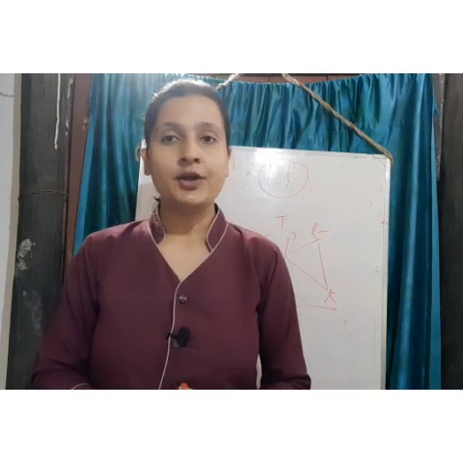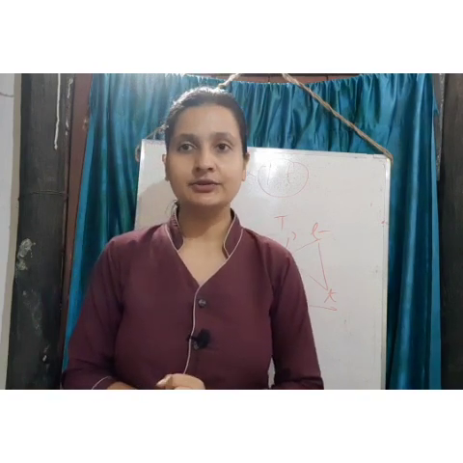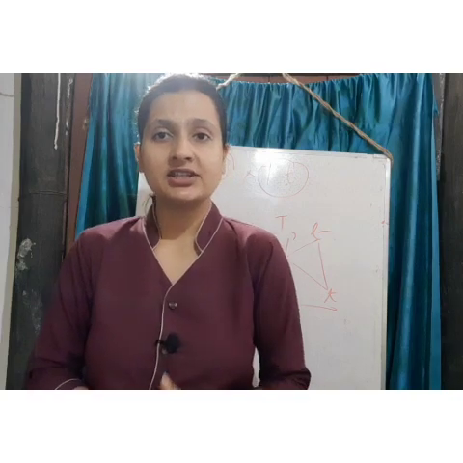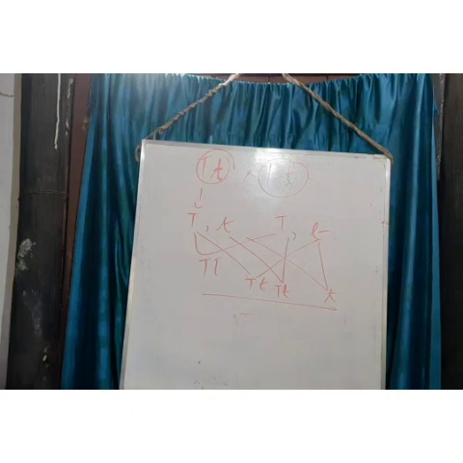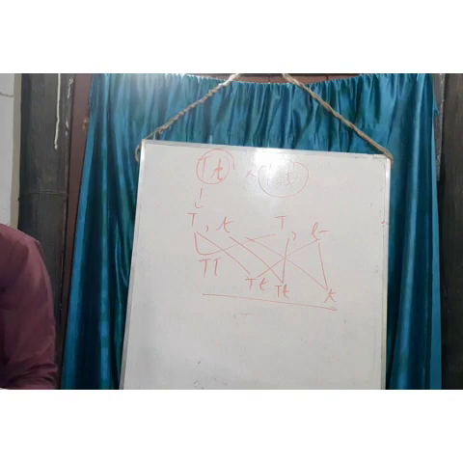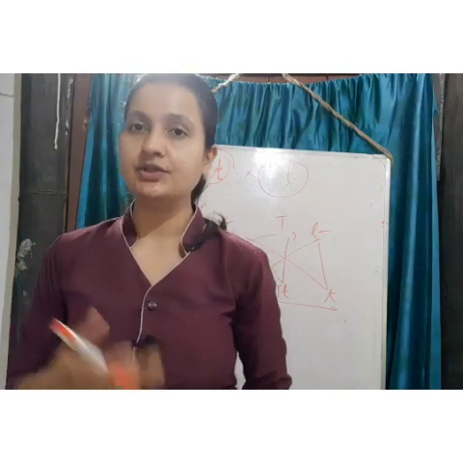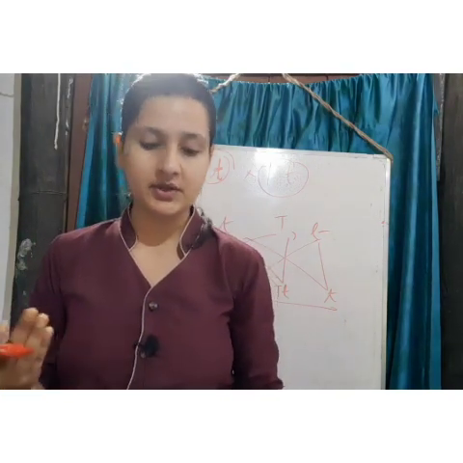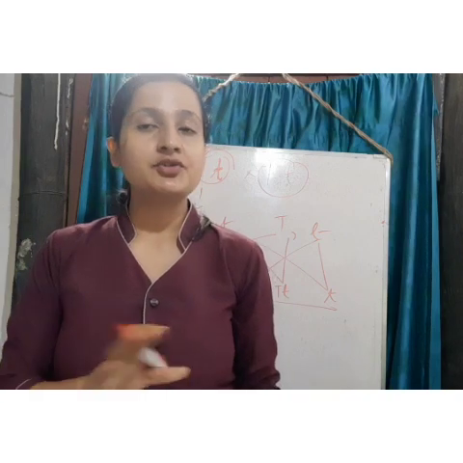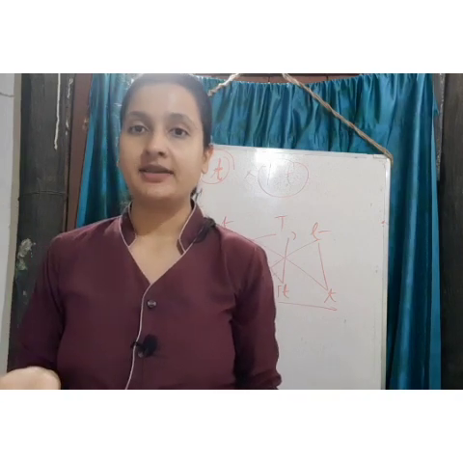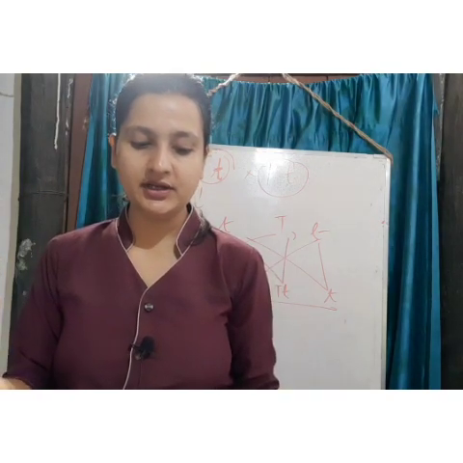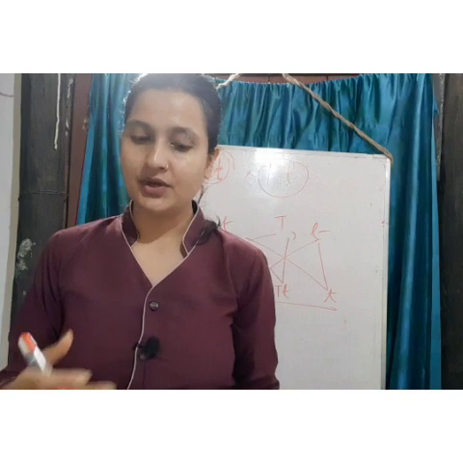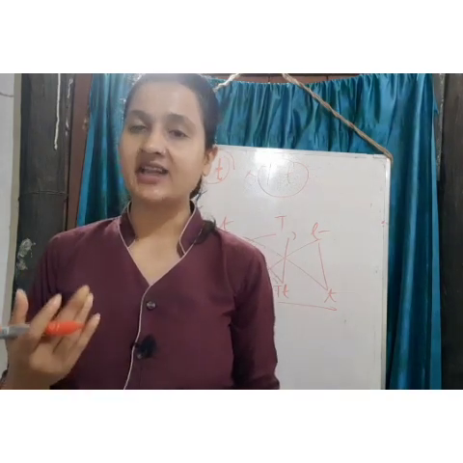So dear students, I hope that this is clear to you: what is the law of dominance and what is the law of segregation. In the law of segregation, two contrasting characters, though they remain together for a long time, do not contaminate or blend, and they separate or segregate at the time of gametogenesis.